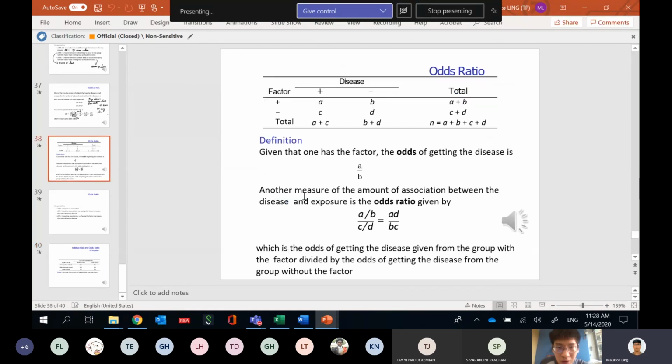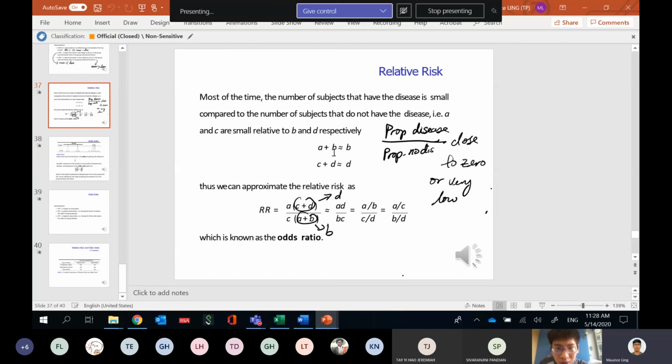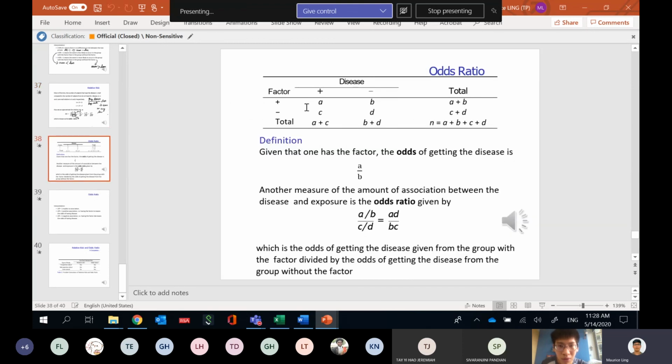You can treat odds ratio as a simplification of relative risk, basically because most subjects do not have the disease. That's why odds ratio is an easier calculation. Instead of dividing by the total, you divide by disease and no disease. That's all. So both of them can be used at the same time. There's no problem.